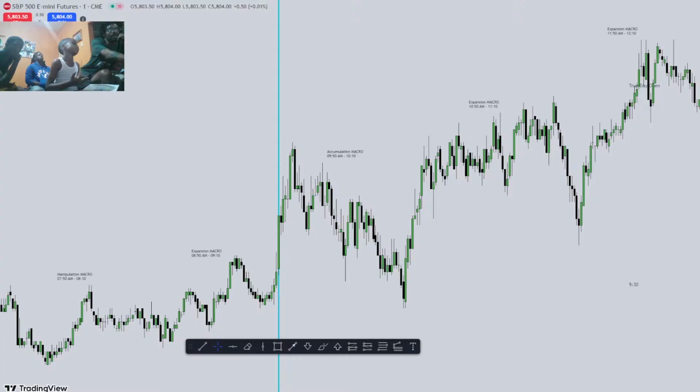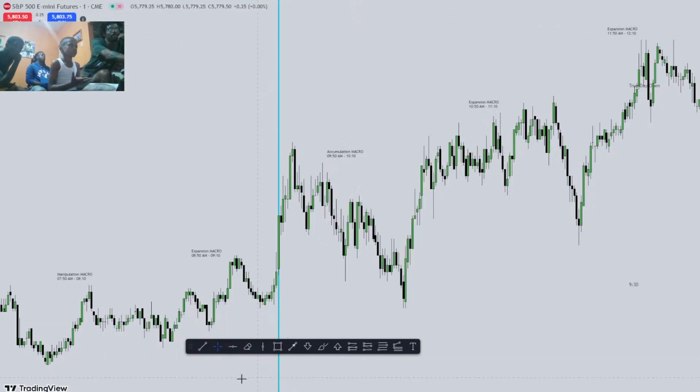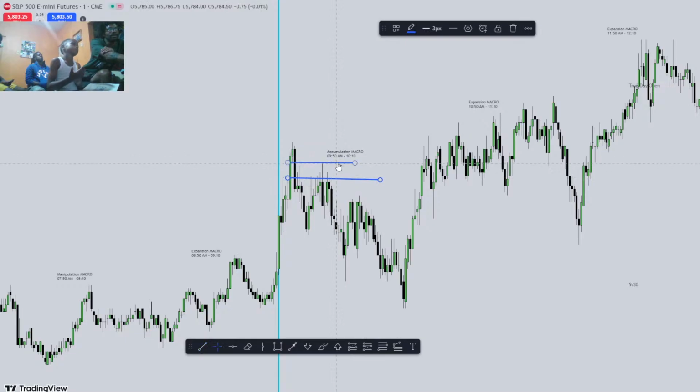And then how do we confirm? We put a line at the bottom. We confirm by drawing the low of this bar and then drawing the high of this bar. Are they touching?